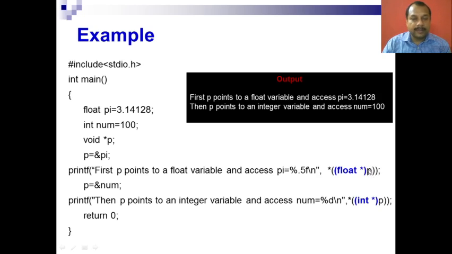So the variable will store 4 bytes, but it is only for the usage. Now if I print, then you will see that pi equals 3.14128, and this is 100, and without any error, even if you switch on all warnings using -Wall, capital W and all in small letters, you will find that there is no warning, no error, and it will be printing. The primary reason is this one.